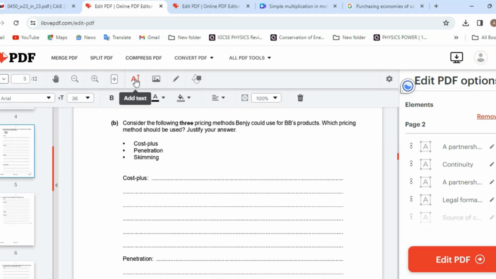By using cost plus pricing method, of course, each house will make a profit for the business because the different costs will be covered by the price charged. Okay, the first point here is each house will make a profit for the business by using cost plus pricing.